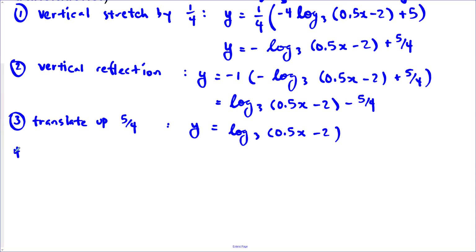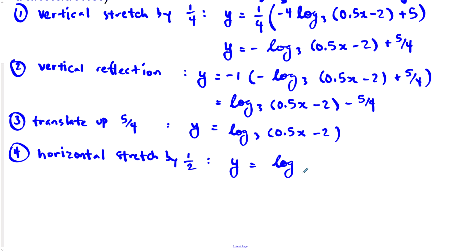Next, let's get rid of the horizontal stretch here. So horizontally stretch by, now this might be weird, but it's horizontally stretch this by 1/2, so that when we put it into the equation, it is a 2. And remember, it goes with the x here.